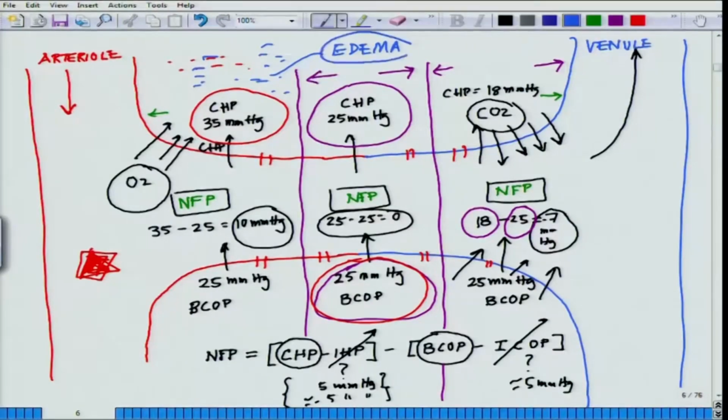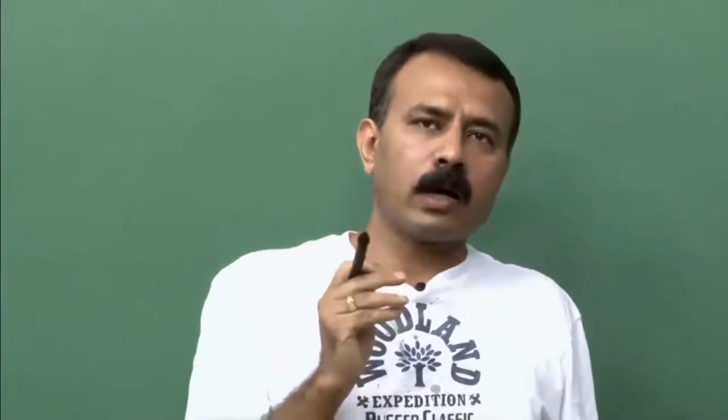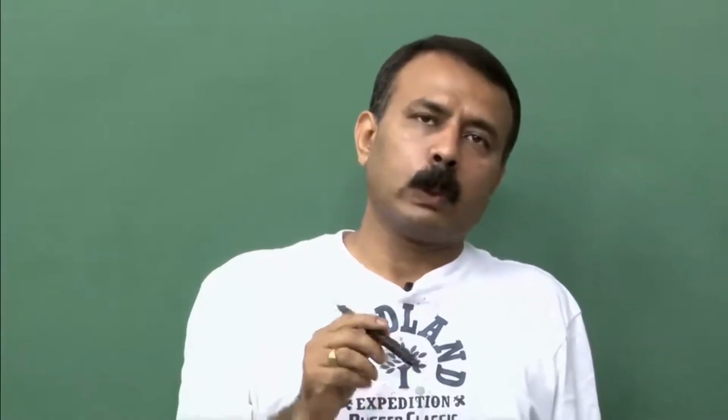So, from now on, whenever you see an edema or some form of accumulation of fluid, always refer to this diagram and ask the doctor or ask yourself what is the capillary hydrostatic pressure, what is the capillary osmotic pressure, what is the interstitial hydrostatic pressure, what is the interstitial osmotic pressure.